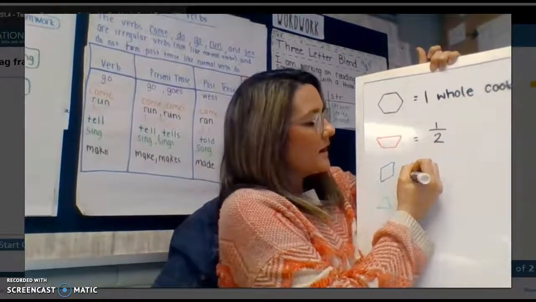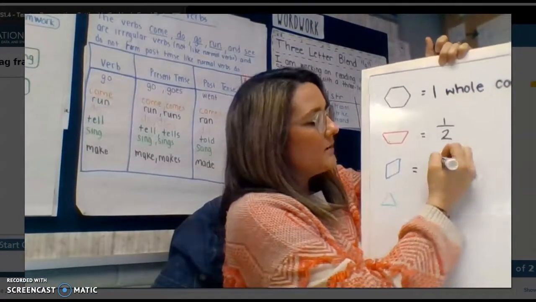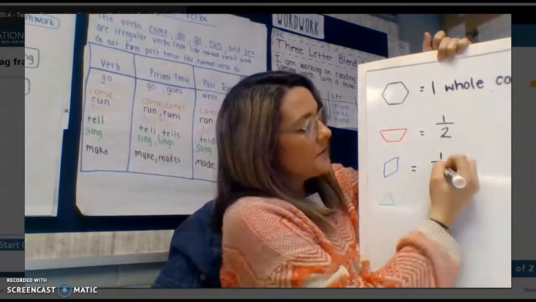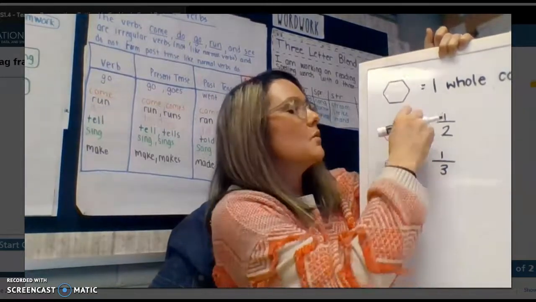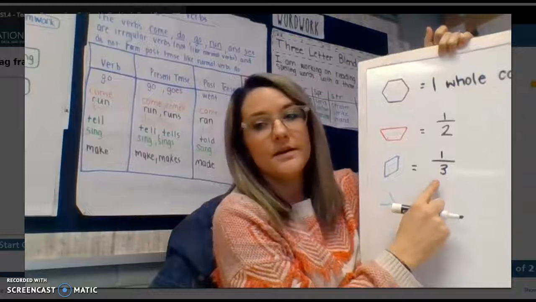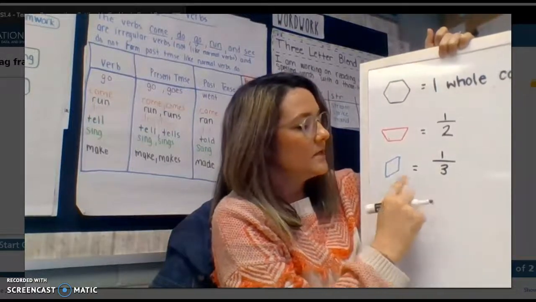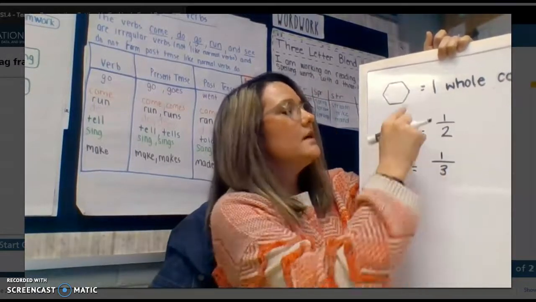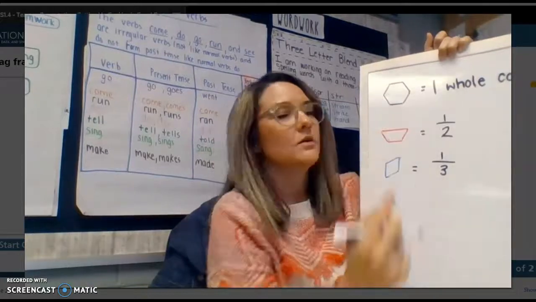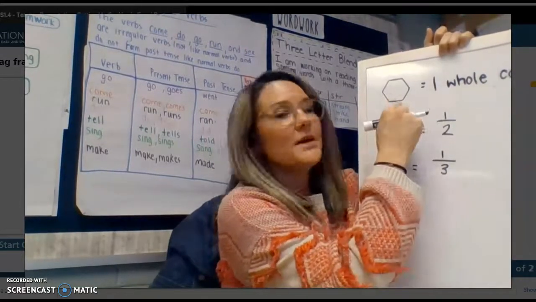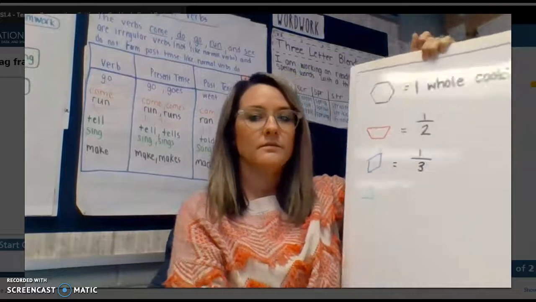So if we're talking about 1 piece, 1 part, over the 3 parts needed to make 1 whole. So 1/3. This is 1 out of the 3 rhombuses that we would need to make 1 whole hexagon.